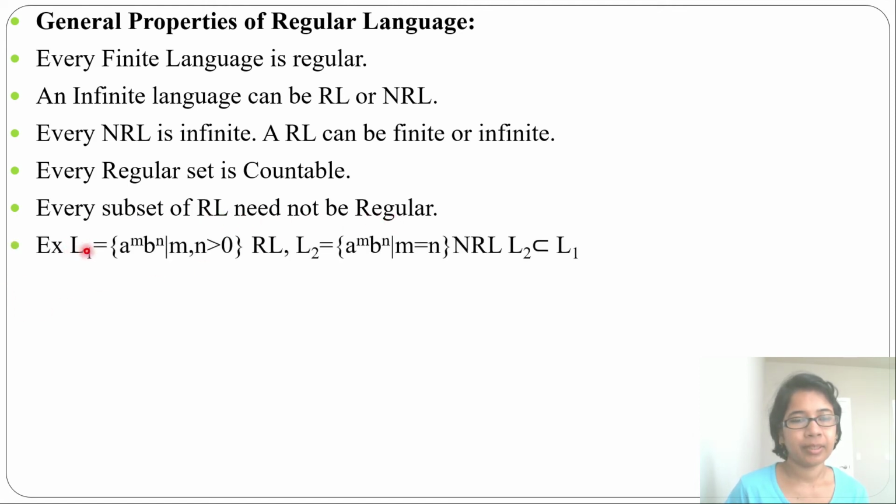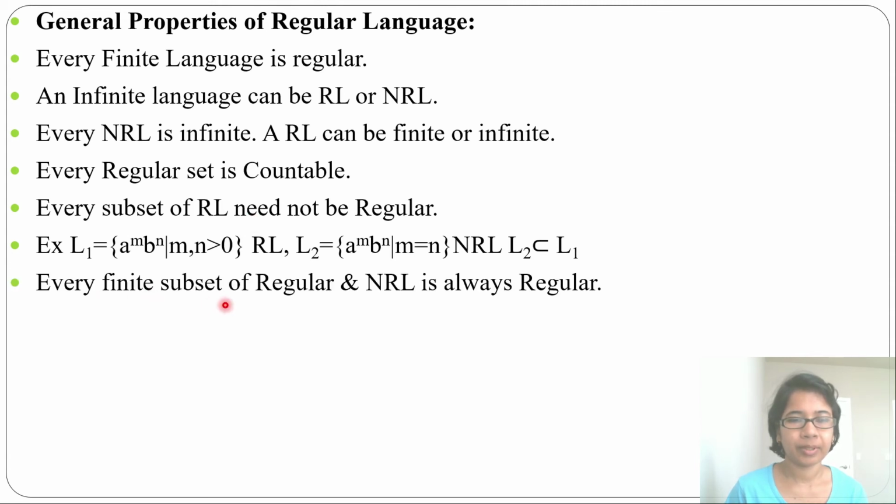Every subset of a regular language need not be regular. See the example: if L1 equals a power m, b power n, m, n greater than 0, any number of a followed by any number of b, this is regular. But L2, a power m, b power n, m equal to n, is a subset of this, but it is not regular. So every subset of a regular language need not be regular. It may be non-regular.